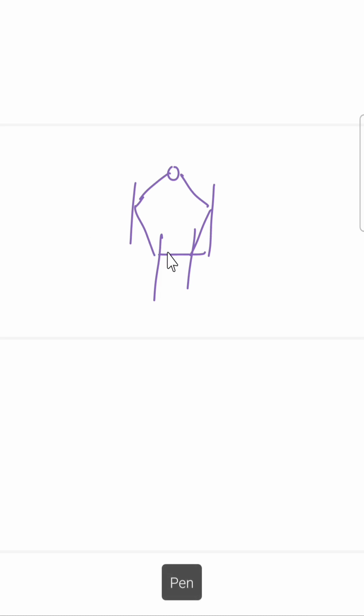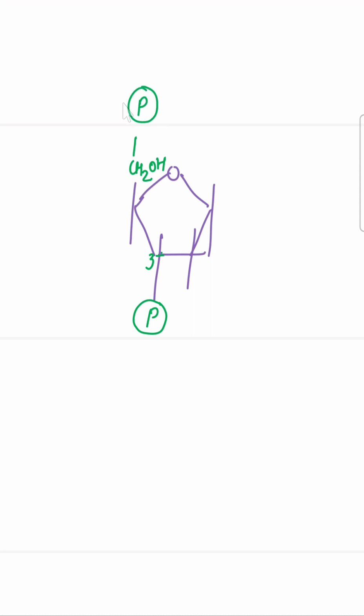This is my third carbon and this one is my fifth carbon. What would happen? A phosphate links with this third carbon and also another phosphate with this fifth carbon.